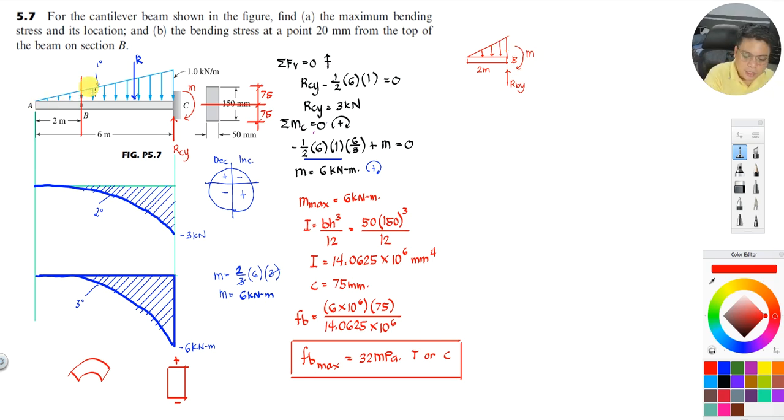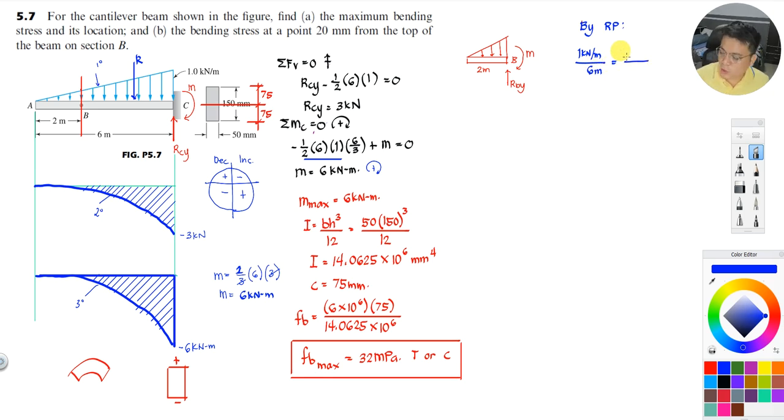Pero pwede natin siyang gawing isang malaking triangle and then by ratio and proportion.